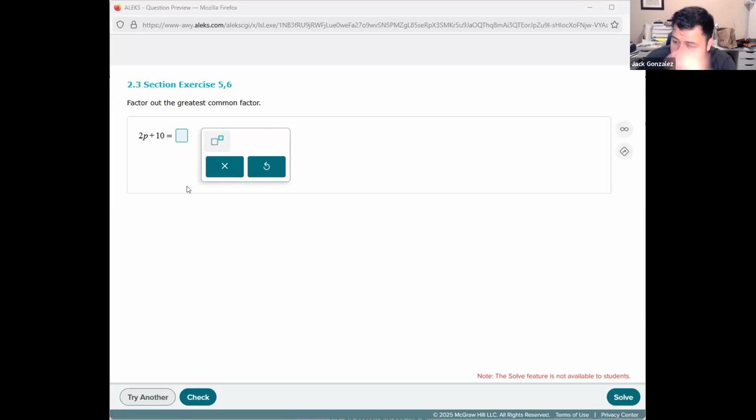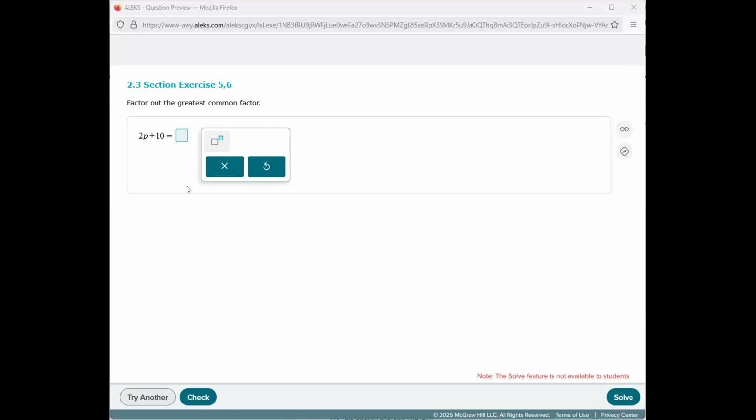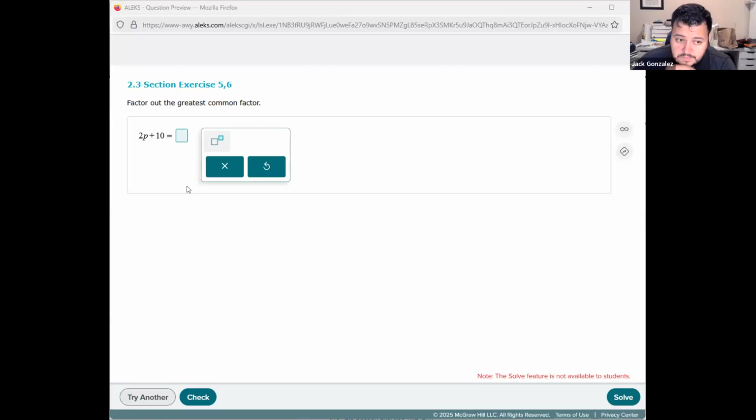The first step is to identify the GCF. Next step, pull it out. Factor out the GCF. So that's why they care about GCF. That's your very first factoring technique.